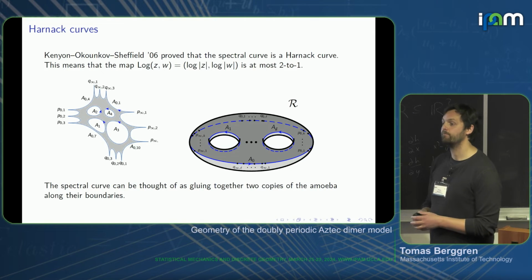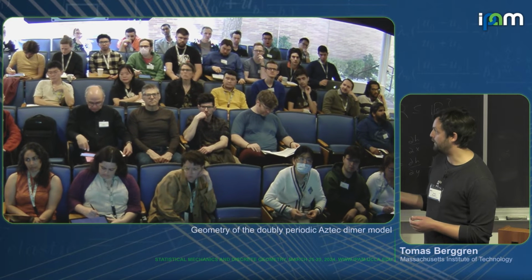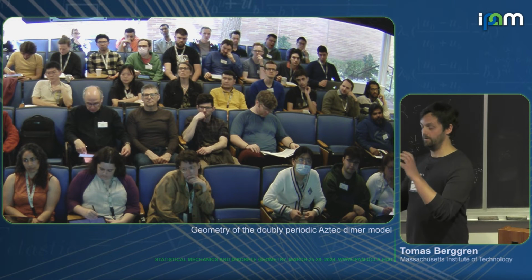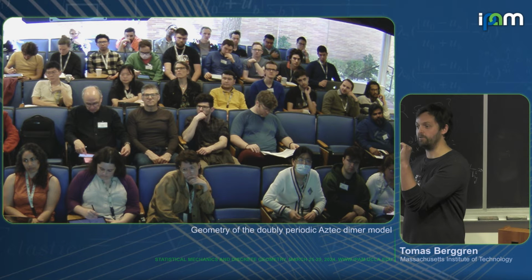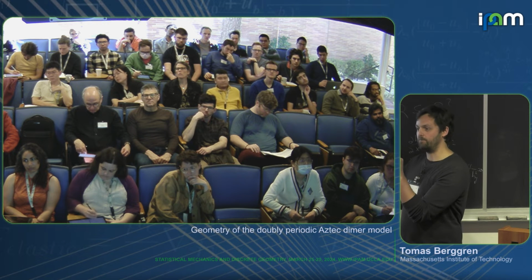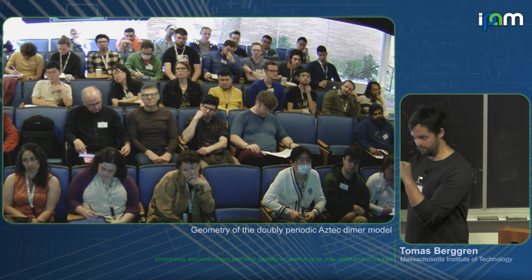Thomas, when you say at most 2-to-1, does it mean that there are some cases when it's 1-to-1 actually? That's exactly when, for instance, if one of these compact ovals shrinks to a point, then you get some kind of singular curve.